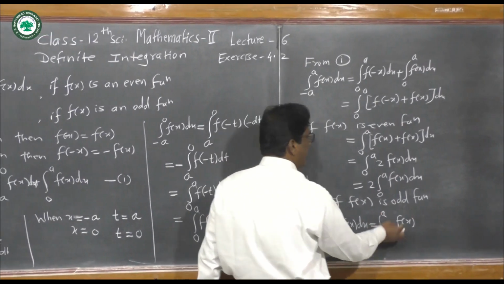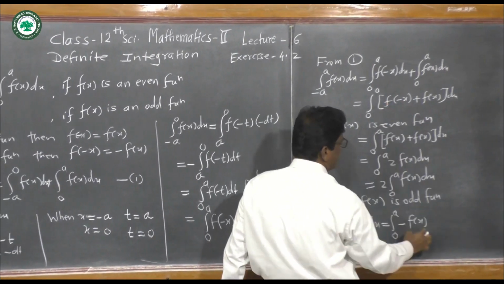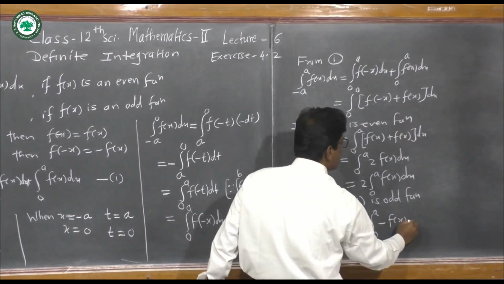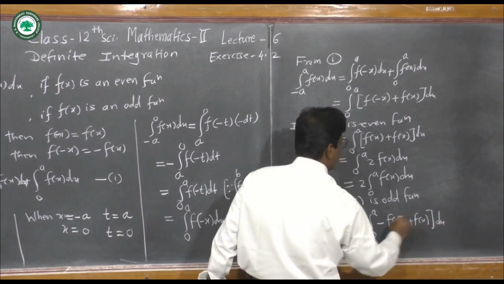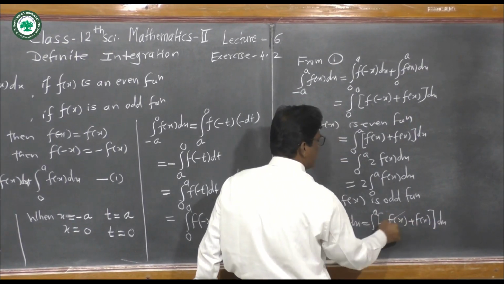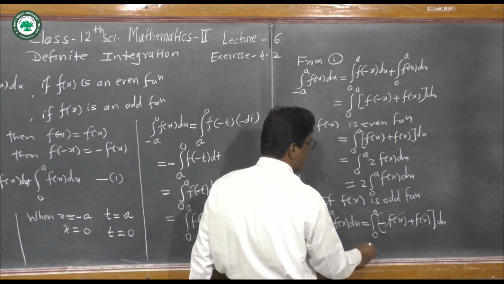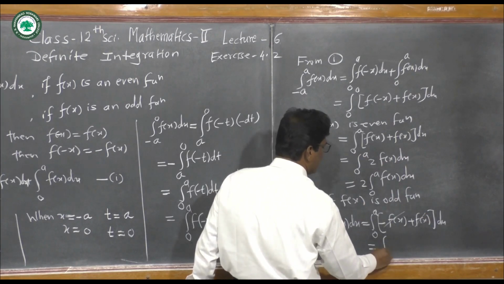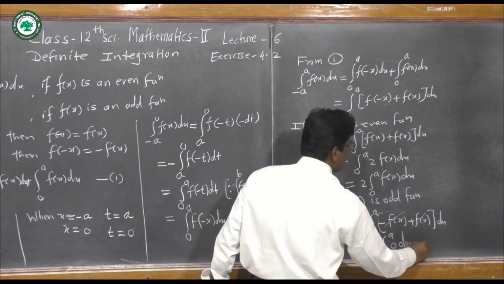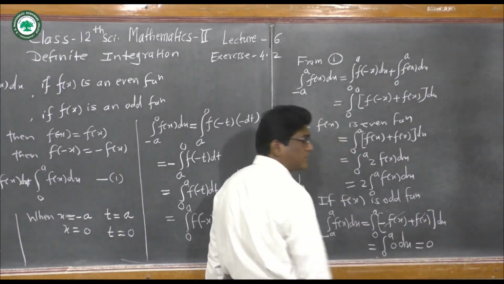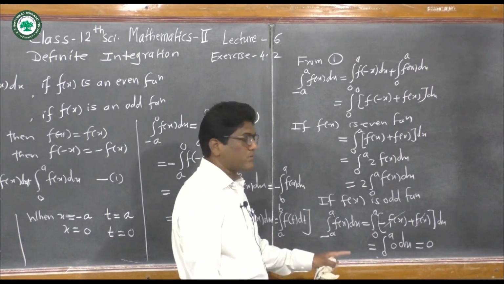So 0 to a, f of minus x we write minus f of x and plus f of x dx, and now minus f of x and plus f of x get cancelled, so here it is integration 0 to a 0 dx, which is equal to 0 into integration 0 to a 1 dx, that is equal to 0.